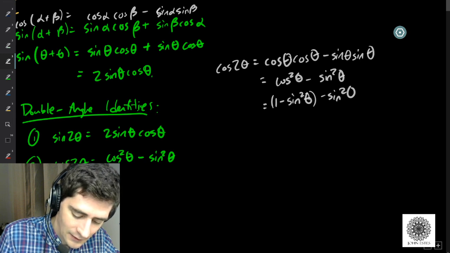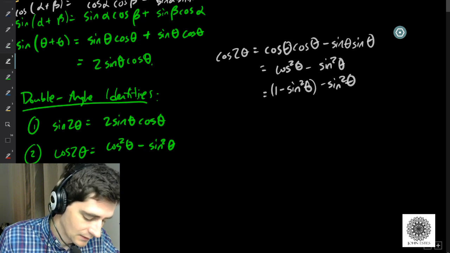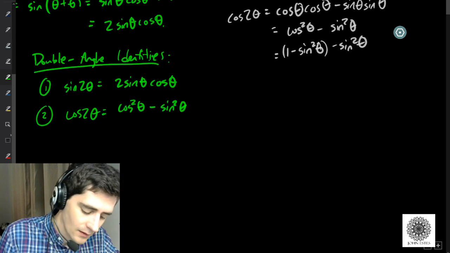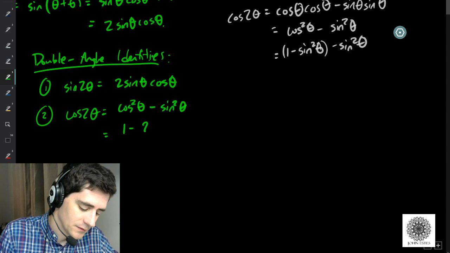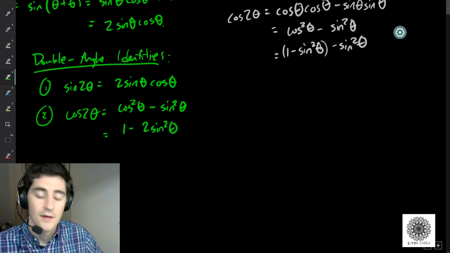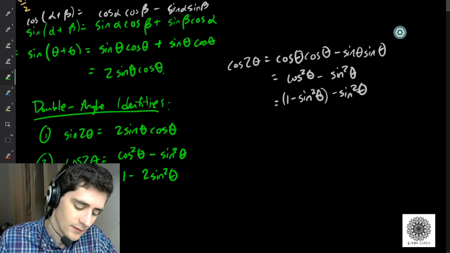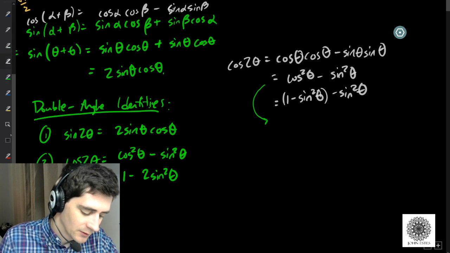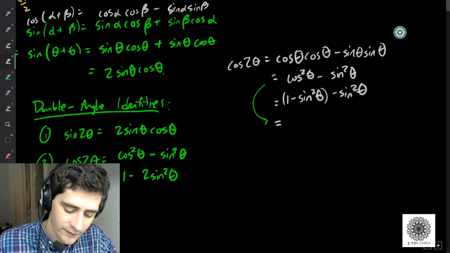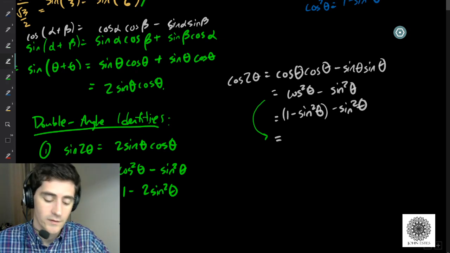And if I do that, I get my next identity, which is going to be cosine 2 theta is 1 minus 2 sine squared theta. Okay. The other way I could do this is starting from that equation. Instead of replacing cosine with sine, I could replace sine with cosine.